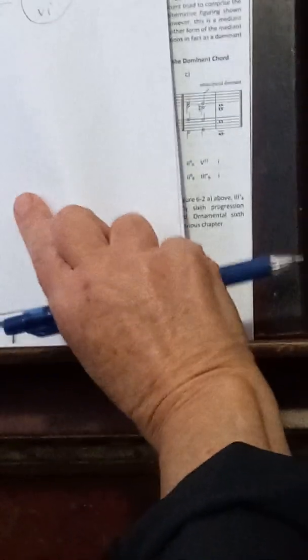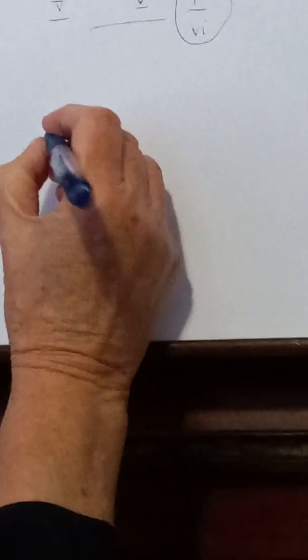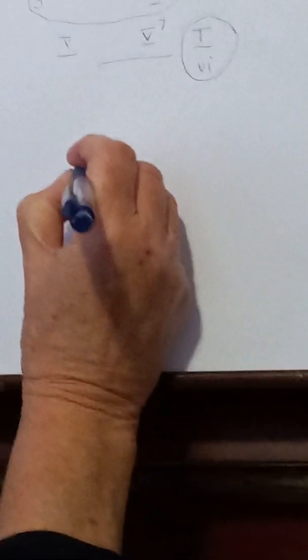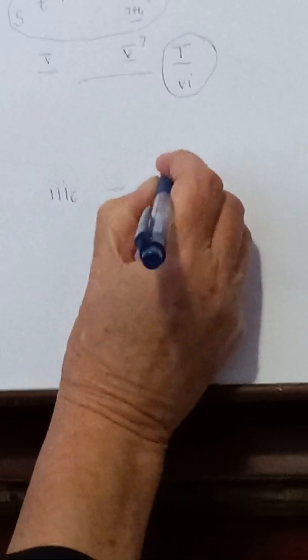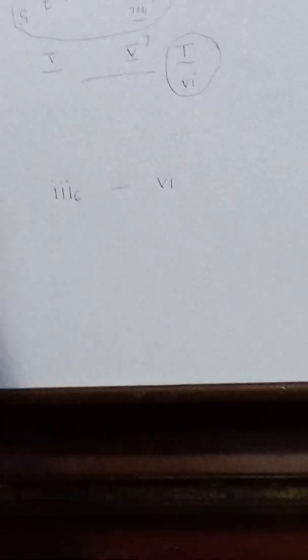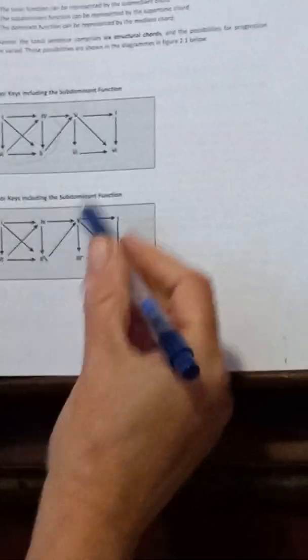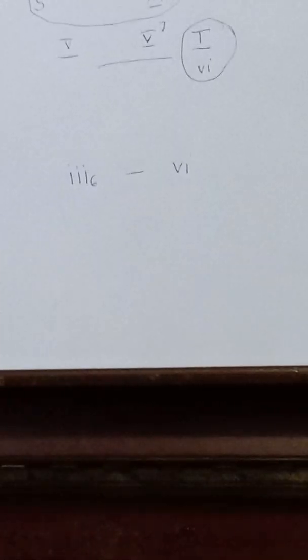Remember, we spoke about ornamental thirds as one of the categories of ornamentation in chapter 5. We said you could go from mediant, for example, to submediant. That's what mediant does as a structural chord, remember? Mediant goes to submediant if it's a structural chord. You could simply do that.